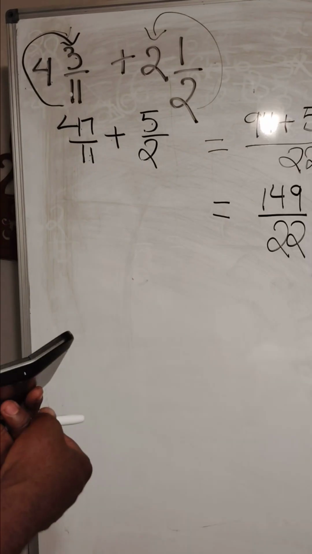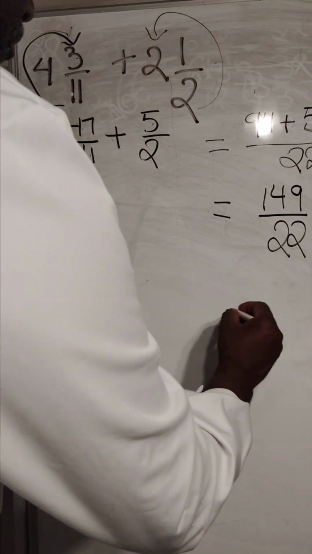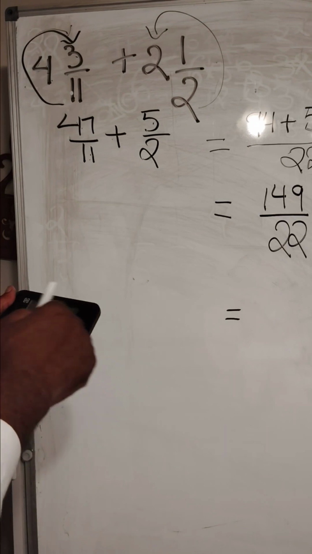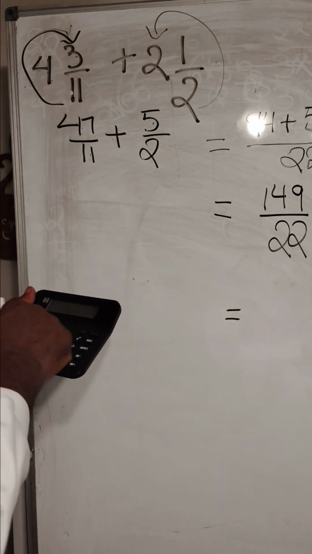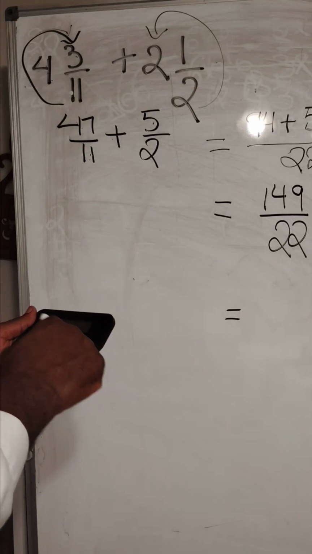So now we will make this a mixed number. You got it? So we'll make this a mixed number. So let's look at down there.